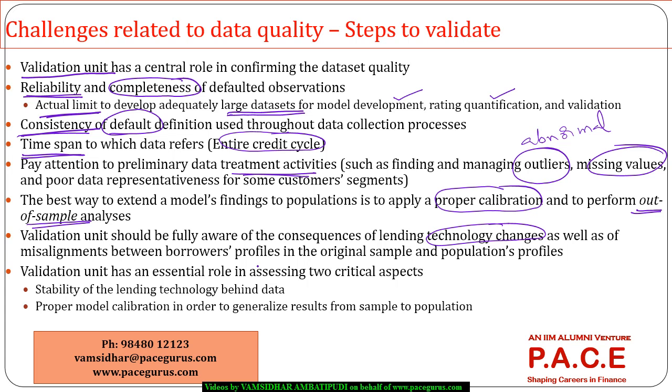What are the changes in the profile of the borrowers? Any misalignments? So there should be a lot of stability in the lending technology behind the data. Calibration models need to be proper to generalize the results from the sample to the overall population. So these are some of the challenges with respect to the data which need to be taken care of as part of building more and more appropriate and suitable models.